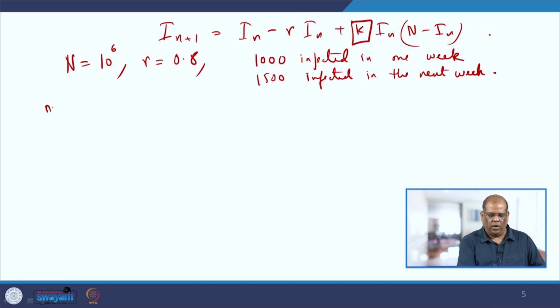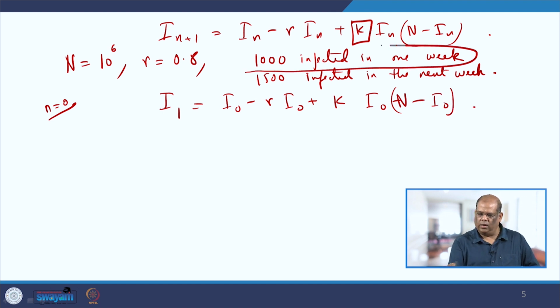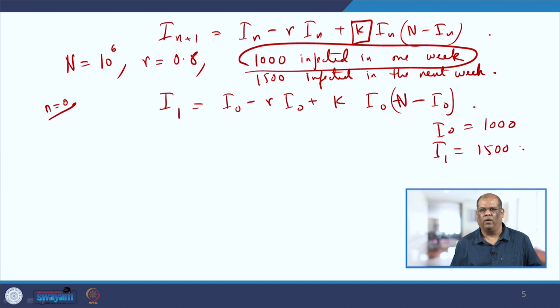So, if I put n equal to 0, I get I1 equal to I0 minus R times I0 plus K times I0 multiplied by n minus I0. If we consider 1000 infected in week 0, your I0 is equal to 1000, and in the next week I1 is equal to 1500.